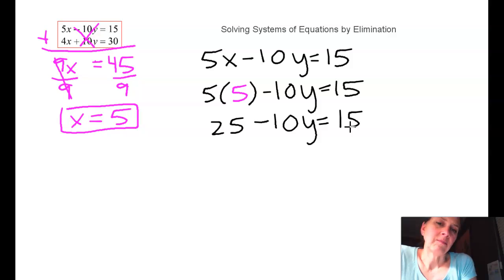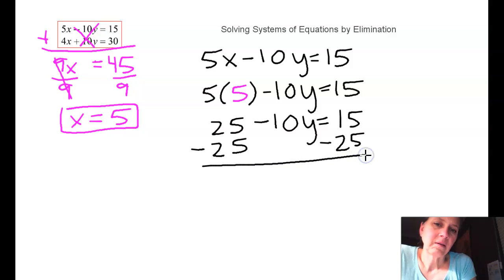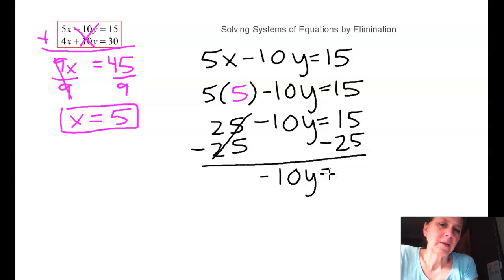So now what I want to do is get this guy all by himself. That means I want to get rid of the 25. So I'm going to subtract 25 from this side, which means I need to subtract 25 from this side. This cancels out. So now I'm left with negative 10y equals, let's see, 15 minus 25 gives me a negative 10.